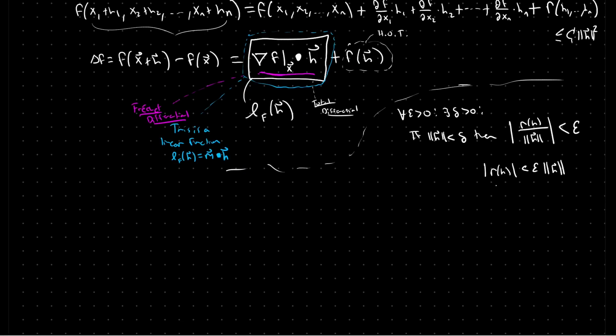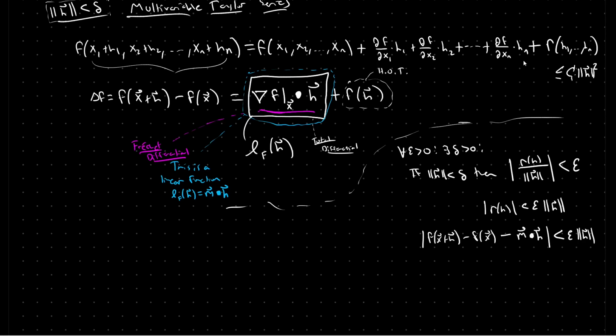The remainder function itself is the increment f of x plus h minus f of x minus this linear function m dot h, and this must be less than epsilon times the norm of h.